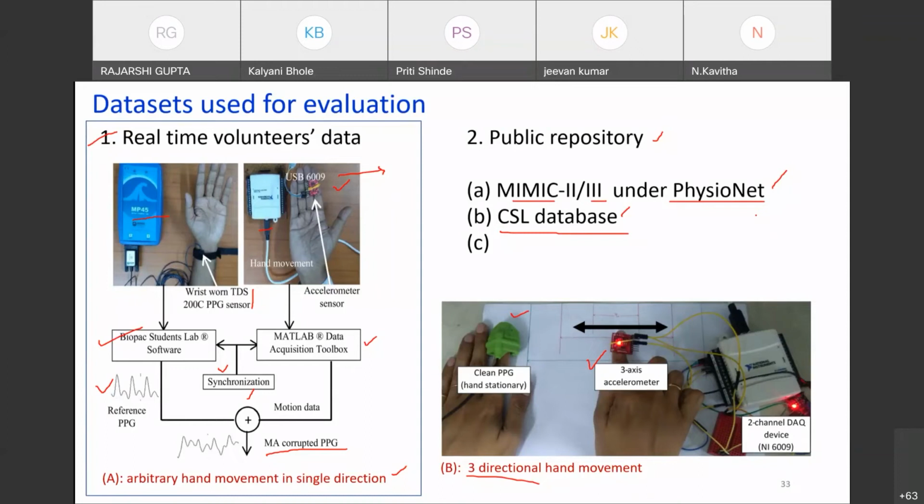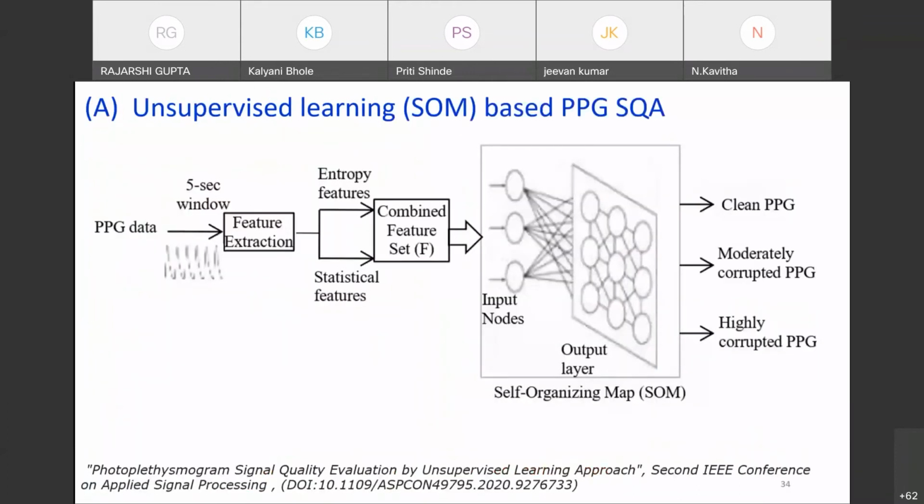Each year they publish one challenge cup data, and all these data are annotated data. I think in 2014 or 16 there was a challenge regarding signal quality assessment on ECG signal. Okay, so these are basically some web-based resources wherefrom you can collect the data for validation of your signal processing tools.